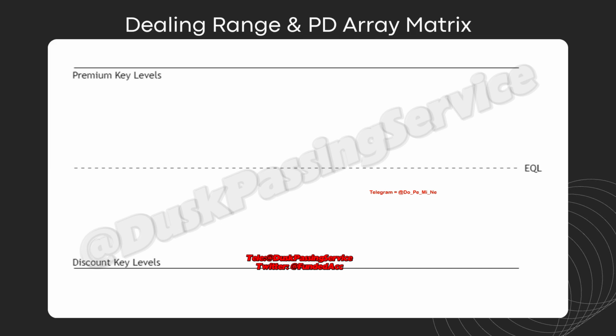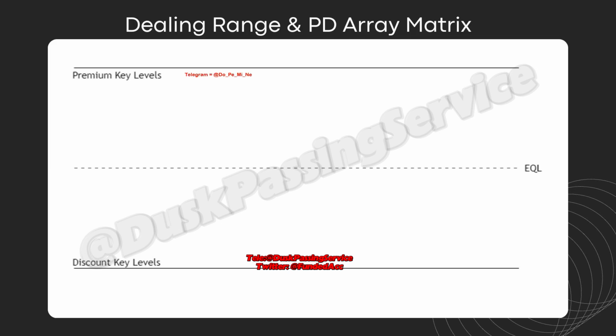Your job is to classify those moves as lower probability moves and just let them play out without influencing your thought process, and be content with missing them, because after all they are lower probability moves and your job is only to catch the ones that are high probability, right? And that gives you an edge over the markets. So that's how you will have to think about these things.